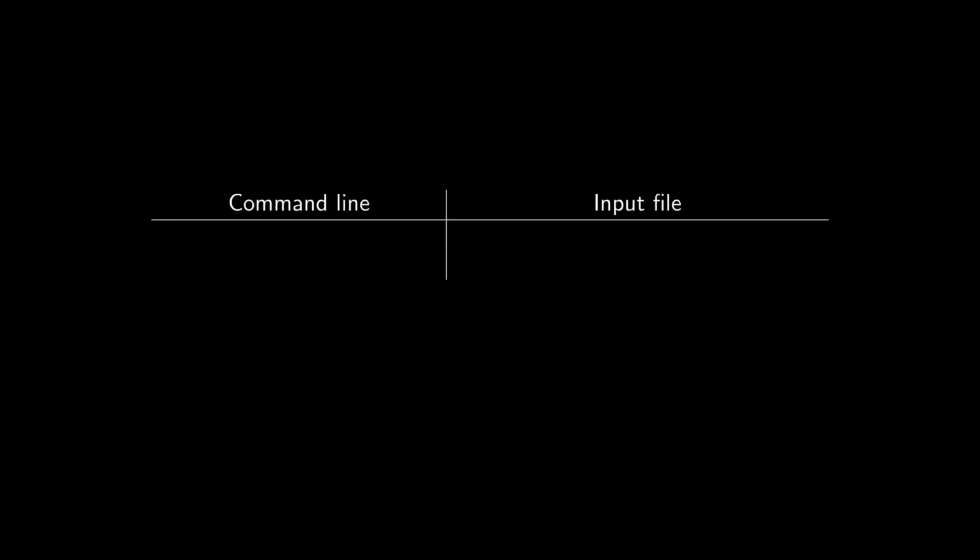Well, there are two main ones. One is you could simply use command line parameters, or you could make a separate input file. The advantage of using command line parameters is that it's very, very quick, and you can easily put it into a shell script and then just run multiple instances of your program one after another with slightly varying parameters.